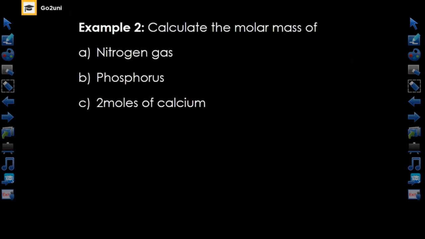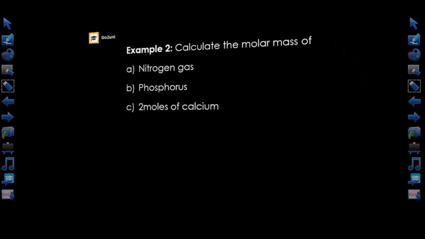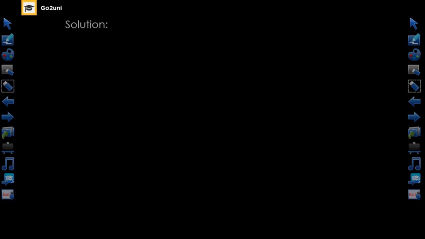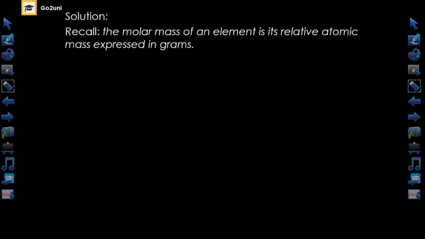Our next example, we are told to calculate the molar mass of nitrogen gas, phosphorus, and 2 moles of calcium. To calculate the molar mass of these substances, beginning from nitrogen first, nitrogen is a diatomic element.